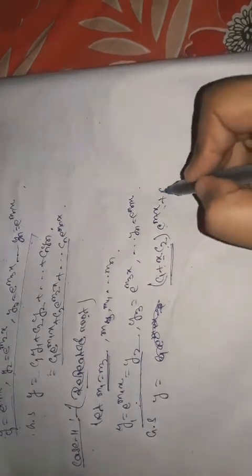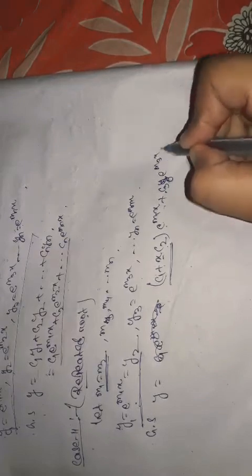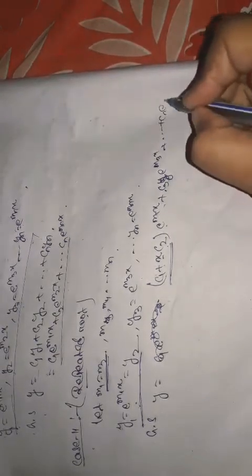Okay, then the next roots are different, so we use case 1, that is c3 e to the power m3x up to cn e to the power mnx. Here if two roots are the same, then we write c1 plus x c2.